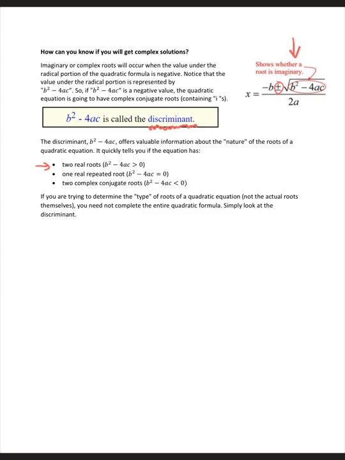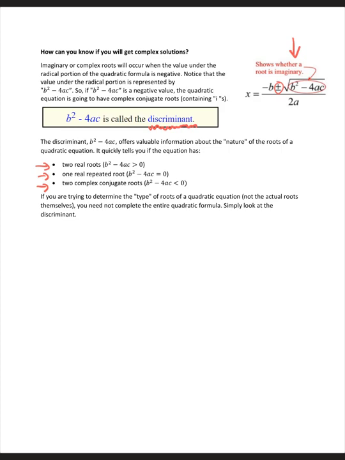And when I add it to or subtract it from another number, it's only going to give me 1 solution, and that will be a real solution. And then finally, as we saw in the last example, when I plug a, b, and c in for the discriminant and I get a negative number, we know the square root of a negative is imaginary. Therefore, we're going to have 2 complex conjugate roots.